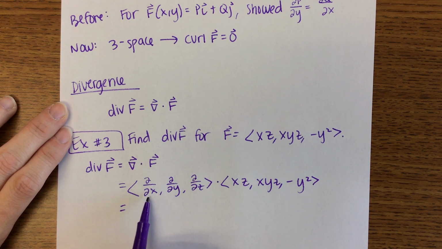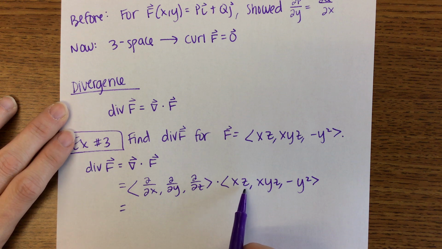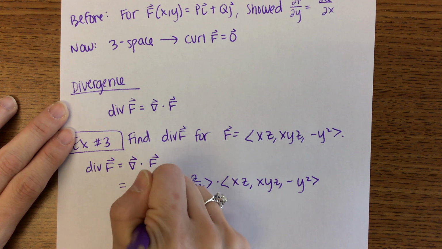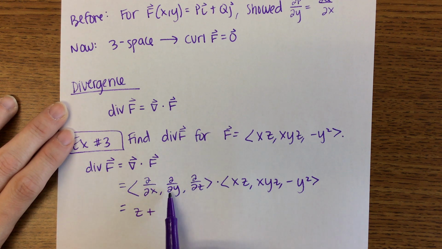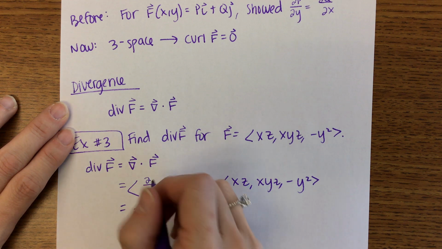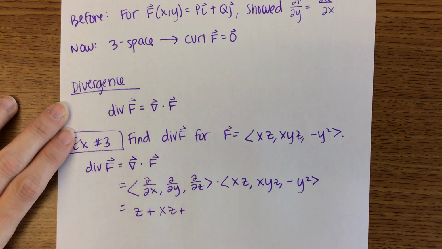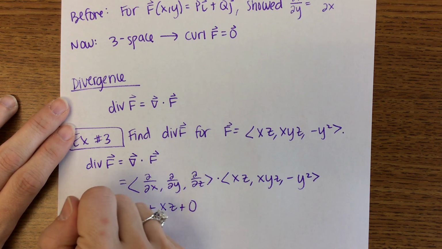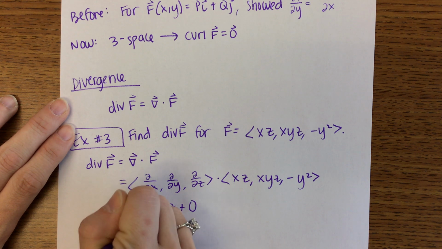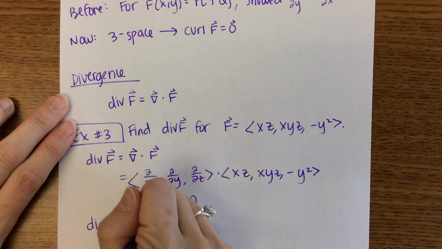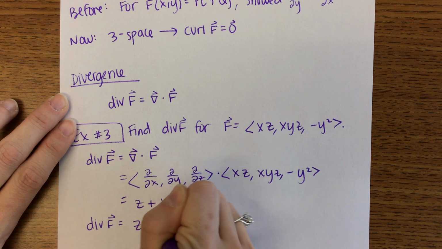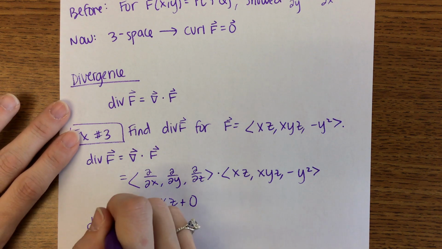So we are taking the partial with respect to x of the first function, which is z, partial with respect to y of the second function, which is xz, partial with respect to z of the last function, which is 0. So divergence of f then is z add xz, and that's our answer.